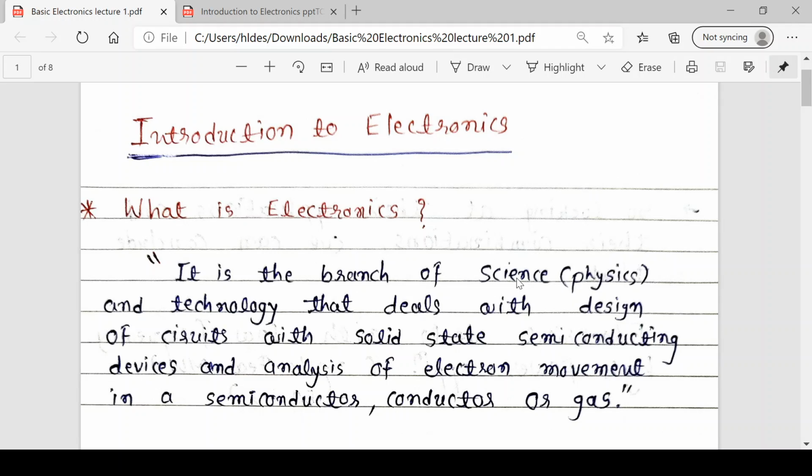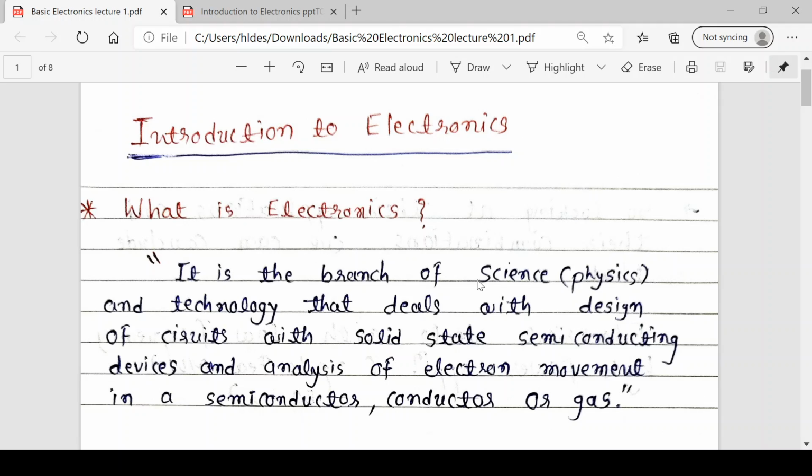Lack of electron is called a hole, which is nothing but a concept. It does not exist physically, but it is the absence of electron. So we have to analyze the movement of charged particles, electron and its opposite, that is hole, in semiconductor, conductor or gas. But most predominantly semiconductors are the elements which are used in electronics at a larger scale.